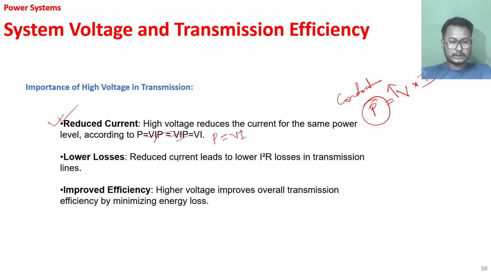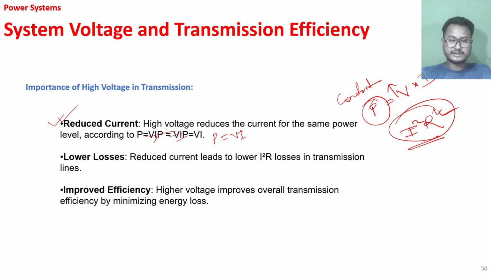Lower losses: reduced current leads to lower I square R losses. We know this loss is I square R. So when we are reducing the value of I, that means loss will also decrease, because in loss calculation that is I square R. Yeah, I think you know.